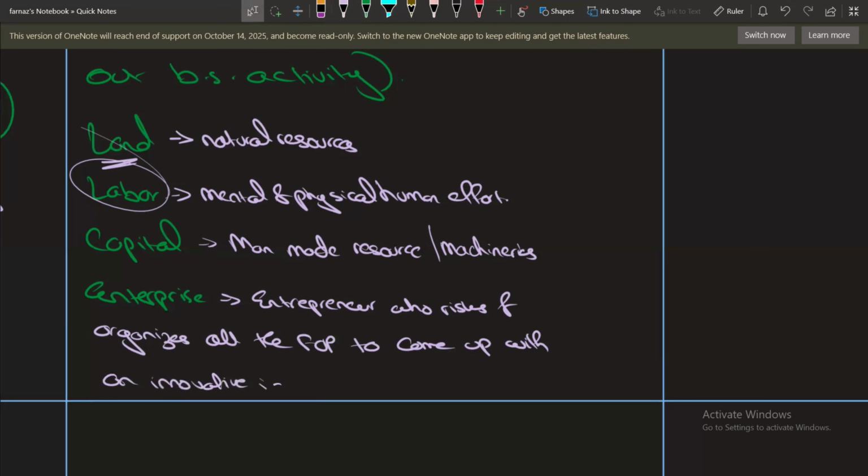Enterprise is the risk-taking ability of an entrepreneur or of an individual who gathers all the other three factors of production, land, labor, capital, and comes up with a product or a service that solves the problem, that comes up with a solution.